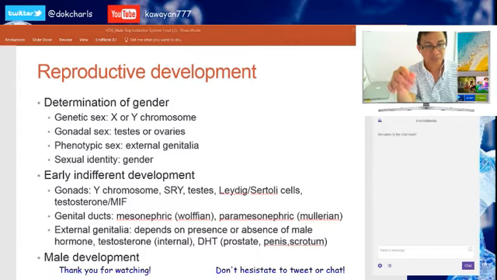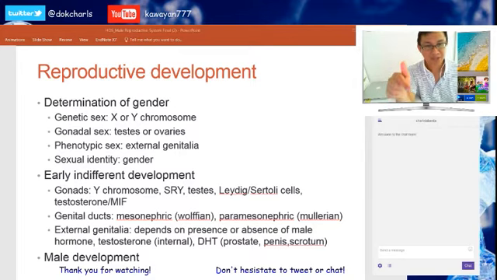If you have a male genetic sex, you develop your Sertoli cells and your Leydig cells in the 8th week, and then these will produce your testosterone, which will allow for the development of the mesonephric duct. The mesonephric duct will allow for development of your vas deferens, epididymis, and seminal vesicles, which are your internal male organs.